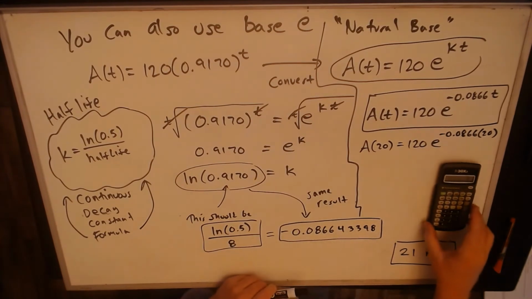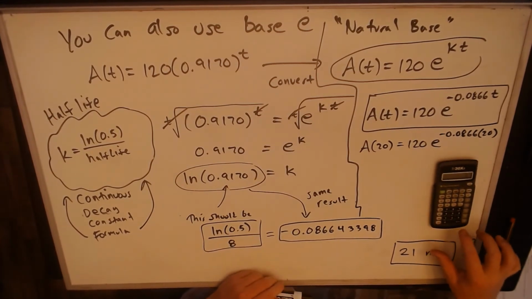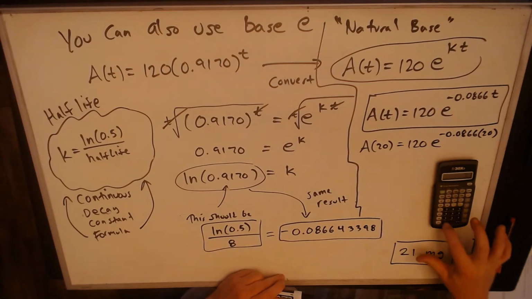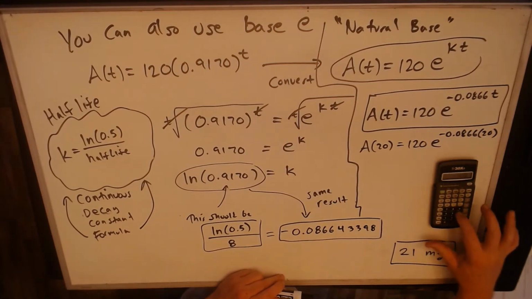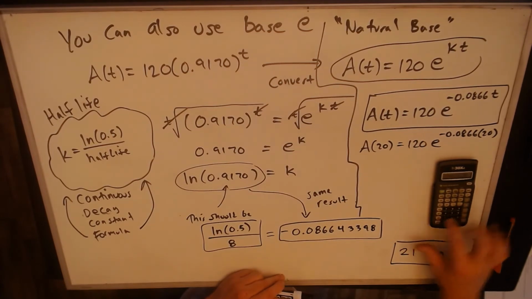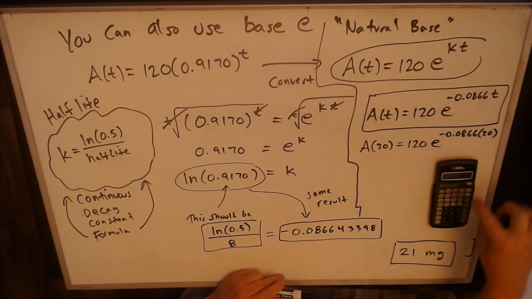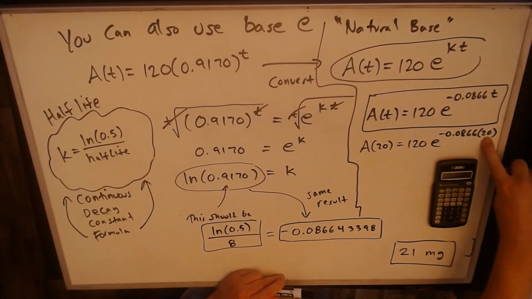Let's see. So we have, I don't know why I cleared it out. I should have kept it there. 0.086643398 negative, and then we're going to multiply by 20. Multiply by 20 first.